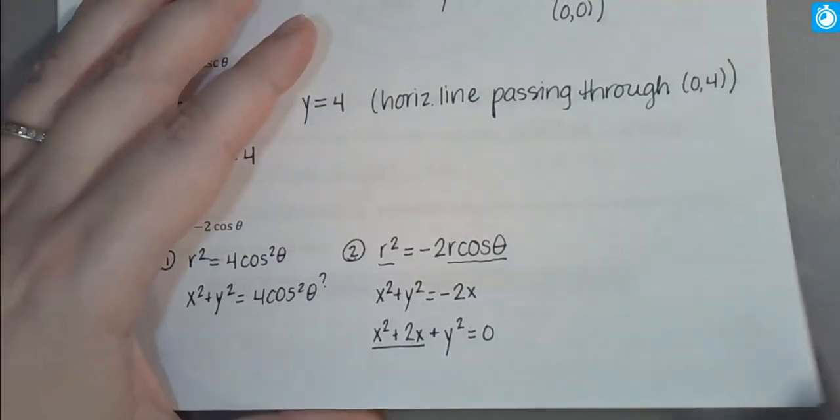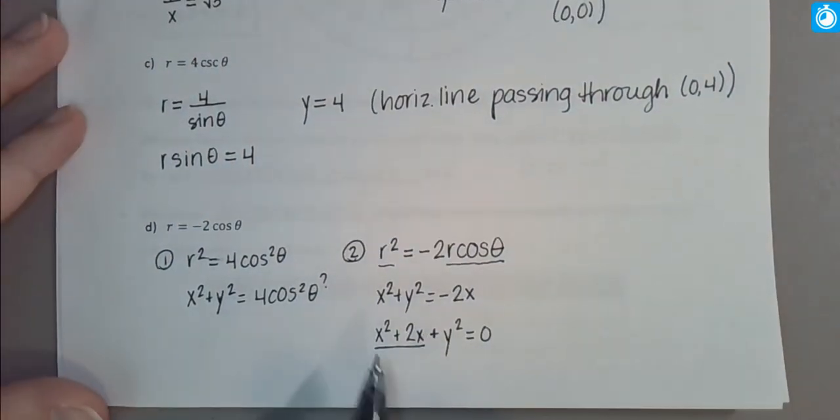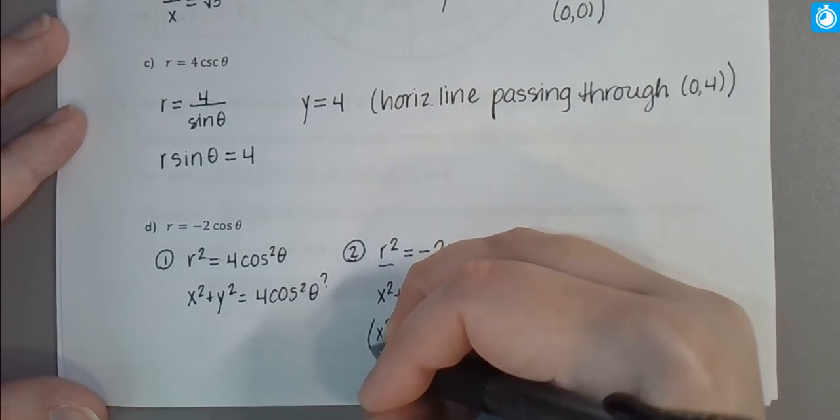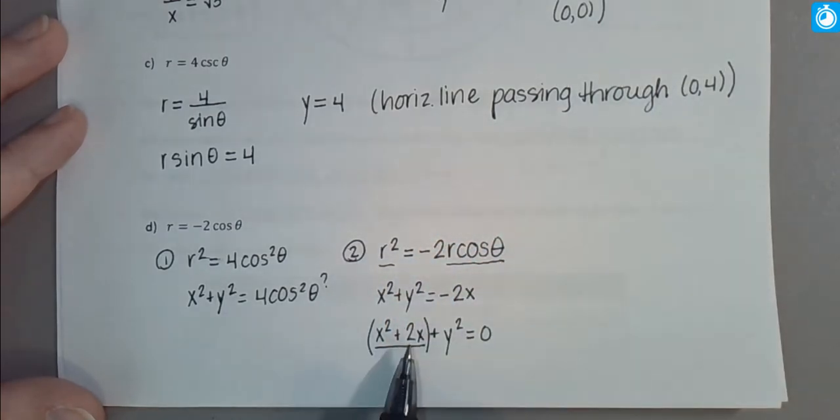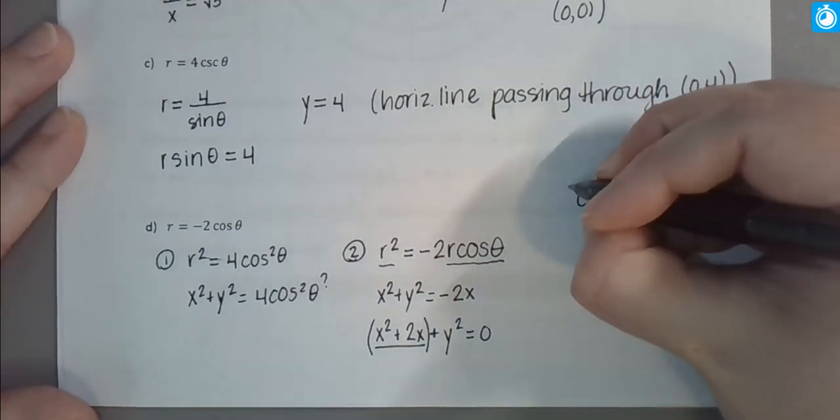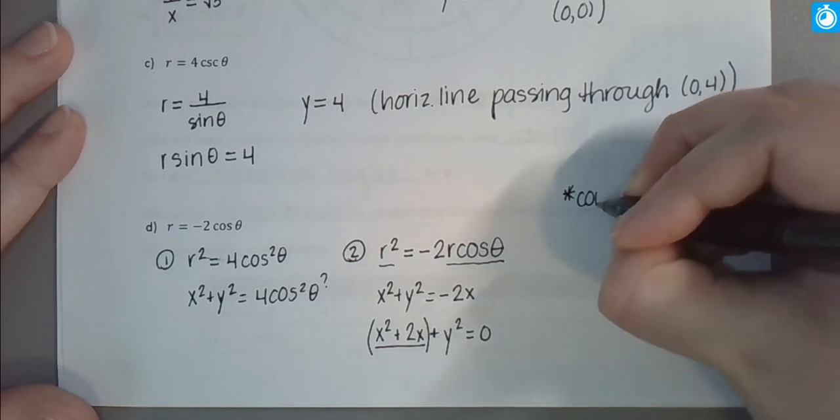Okay. The strategy I use to simplify or rewrite something in this form is what we call completing the square. So I'm going to group these two terms, the two terms involving x, and completing the square, I'm going to make a note over here, completing the square.